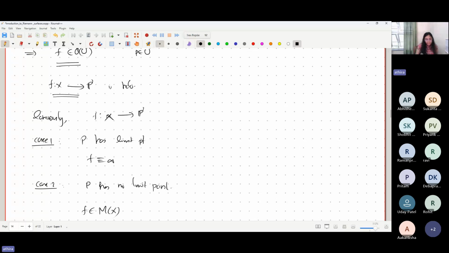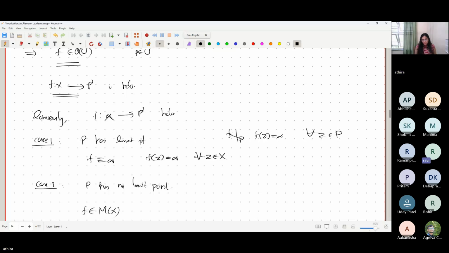Do we know about this space X? f is equal to infinity means f(z) equals infinity for all z belongs to X. f is a constant function because f is a holomorphic map, and f restricted to P is f(z) equal to infinity for all z belongs to P, right?